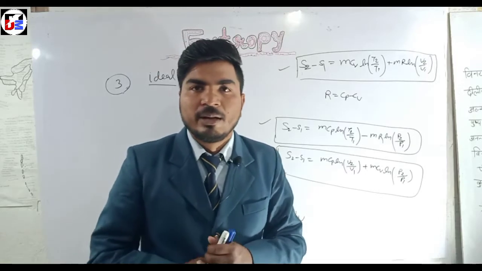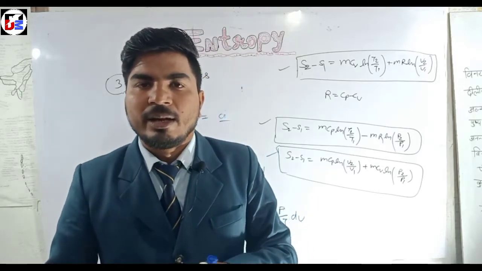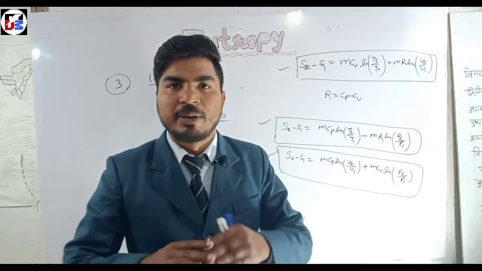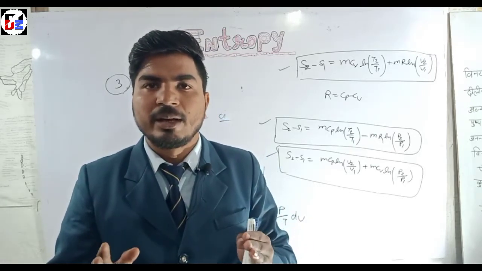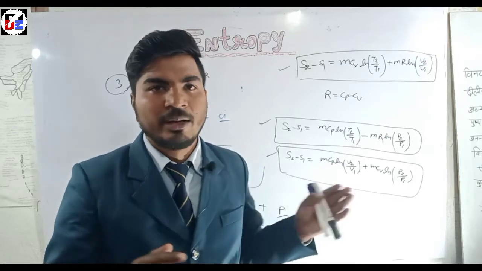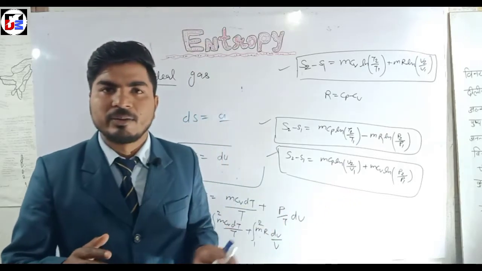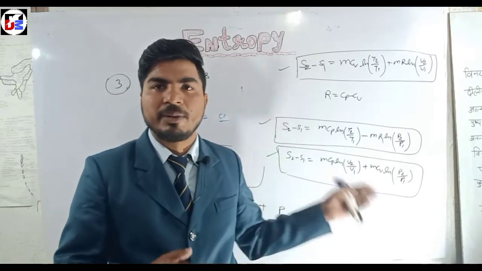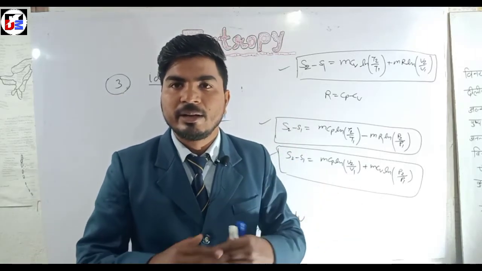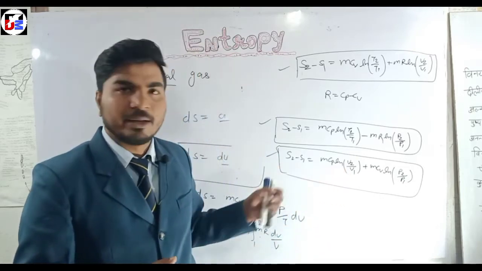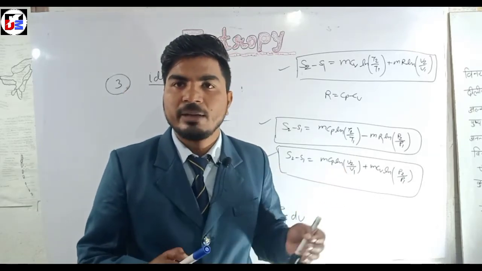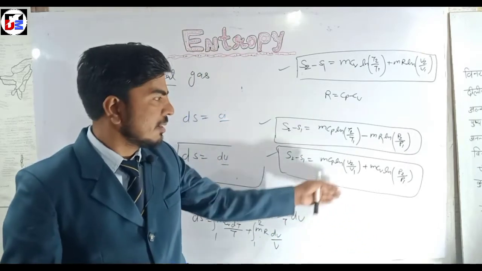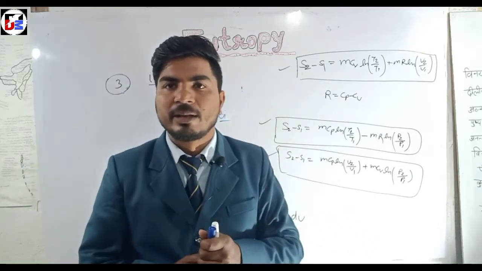The first case is the entropy change of a reservoir, the second is a finite mass body, where we calculate m C ln T2 upon T1, and for an ideal gas these three equations are applied. All these formulas are valid only for the reversible case, not irreversible.